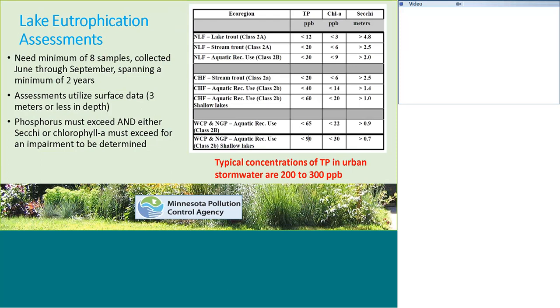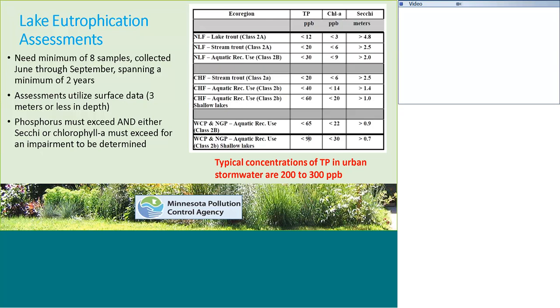In Minnesota here, we assess our lakes using the criteria shown on this table here. You can see that the concentrations that would trigger an impairment vary statewide from the northern part of Minnesota, where you can have concentrations as low as 12 parts per billion that would lead to an impairment to up to 90 parts per billion in the southern part of the state, for example.